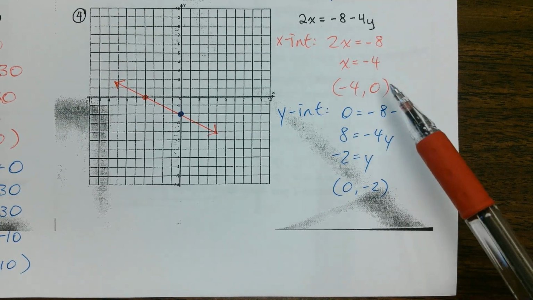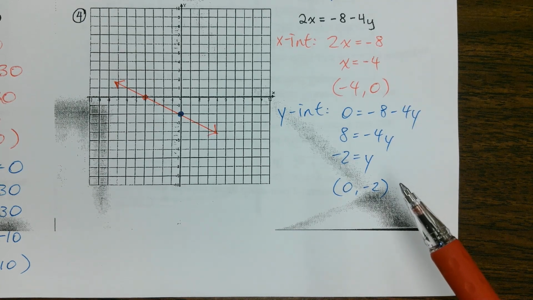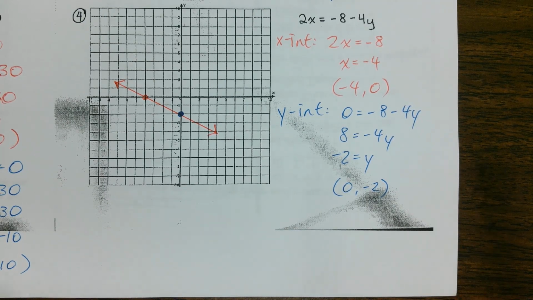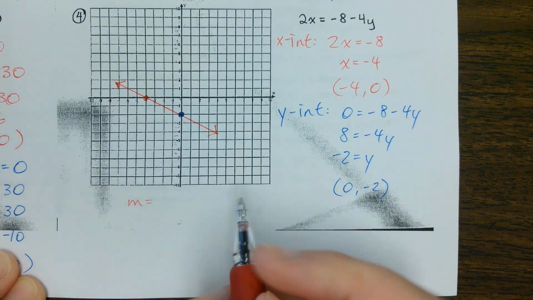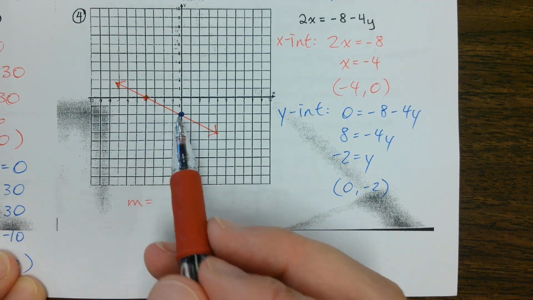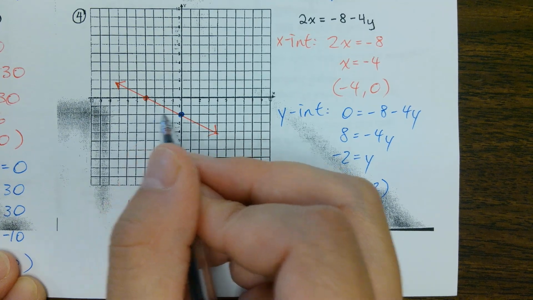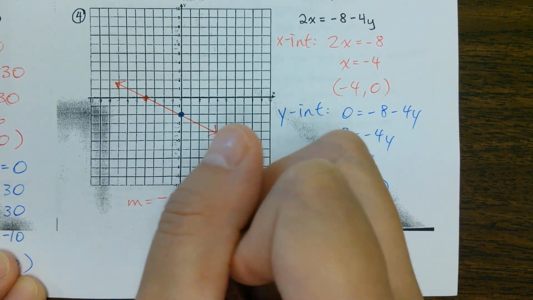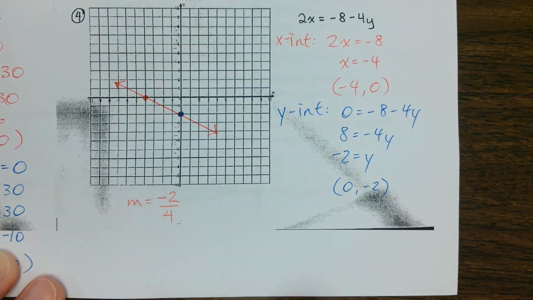So you should get -4 and 0 as your x-intercept and 0, -2 as your y-intercept. What is my slope here? For rise over run? Pedro? -1/2. Good. Okay, so you went down 2 over 4, right? You went down the elevator 2 floors, and it was 4 doors to the right.